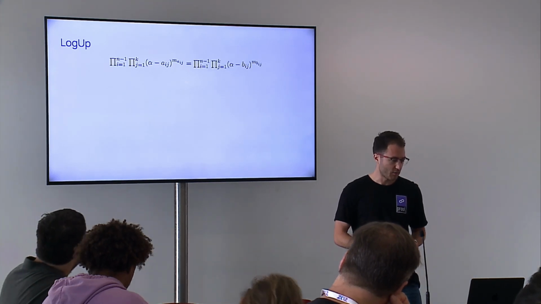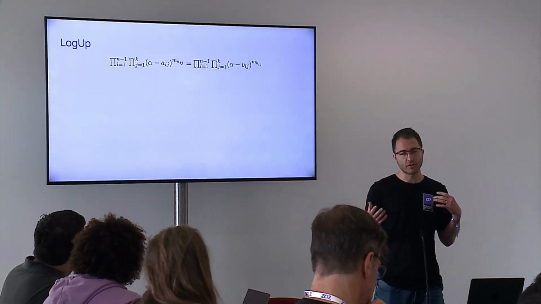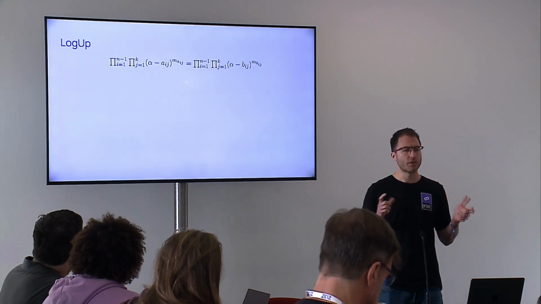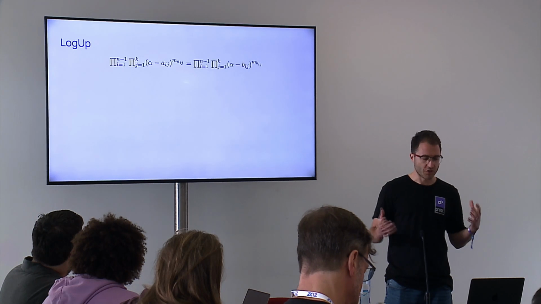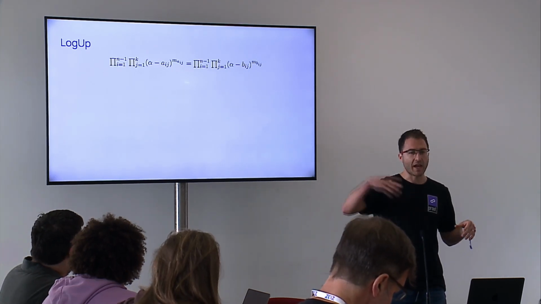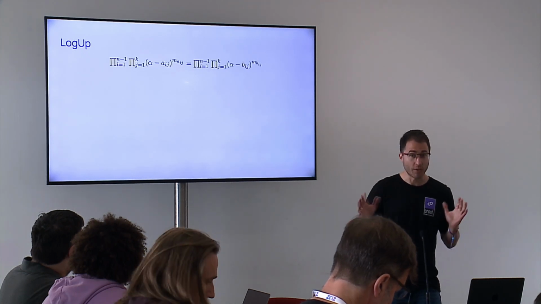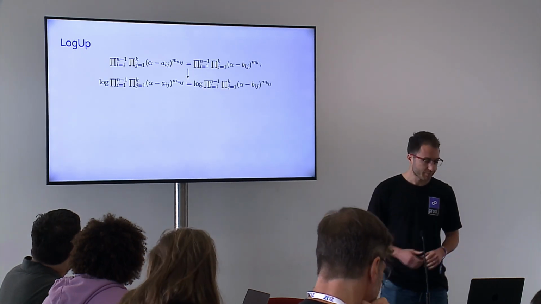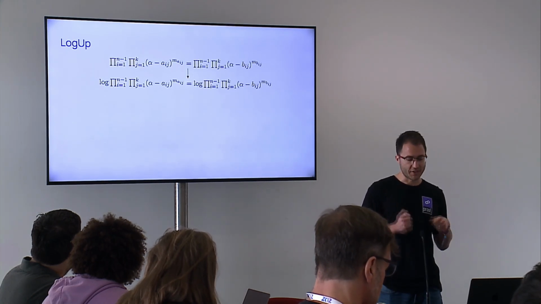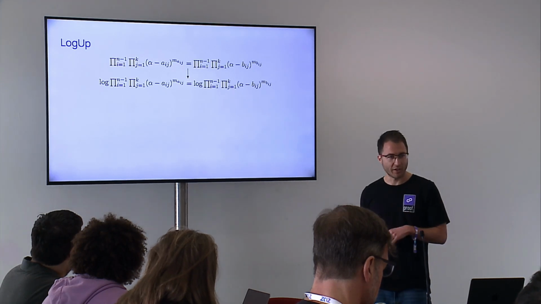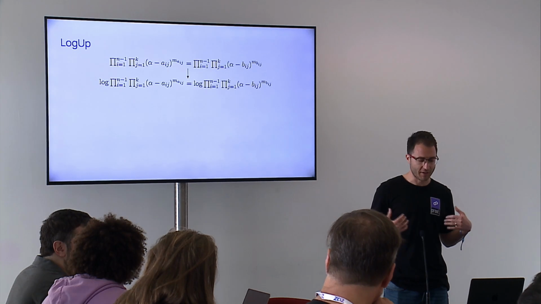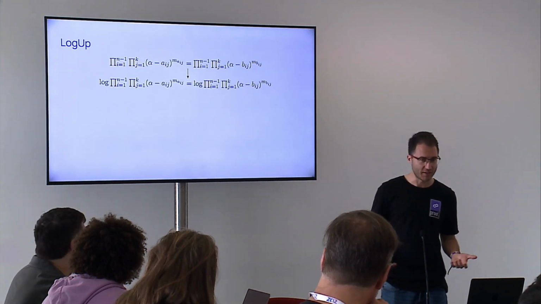As a reminder, I'll go into the derivation of LogUp to get an intuition for where it comes from; we're going to transform this equation. We start with our multi-set check equation that has these powers that we're trying to get rid of. First we apply the log to both sides. These are field elements, and log is typically over the real numbers. The paper goes into the formal treatment of this, but for now we're just going to use this as an intuition.